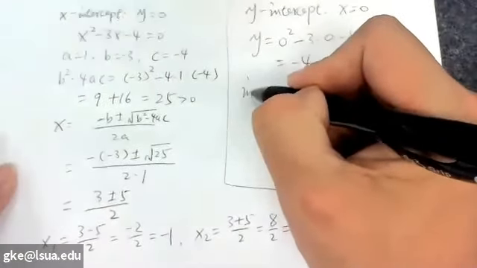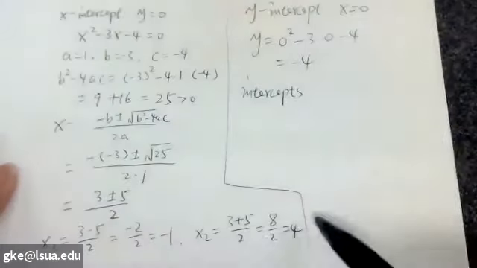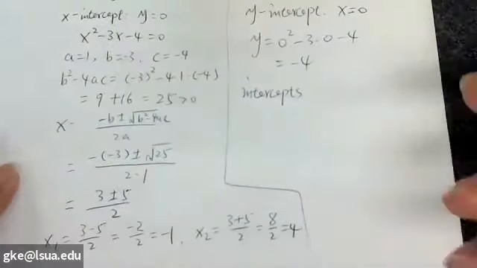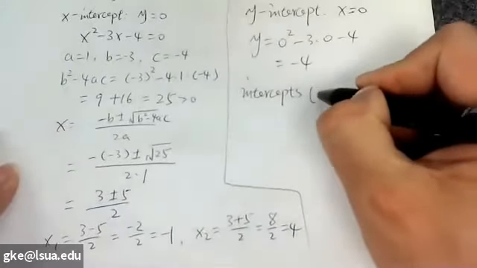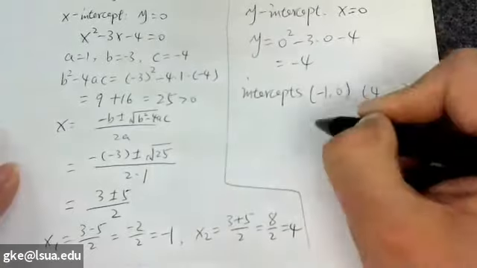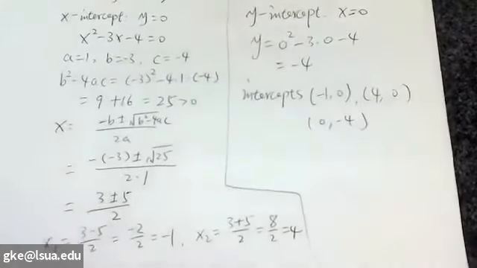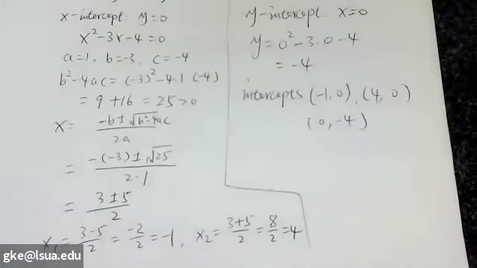And for the intercepts, just combine these, and we're gonna have (-1, 0), (4, 0), and (0, -4). Okay, that's it. Let's move on. I think it's time for us to move on, right?